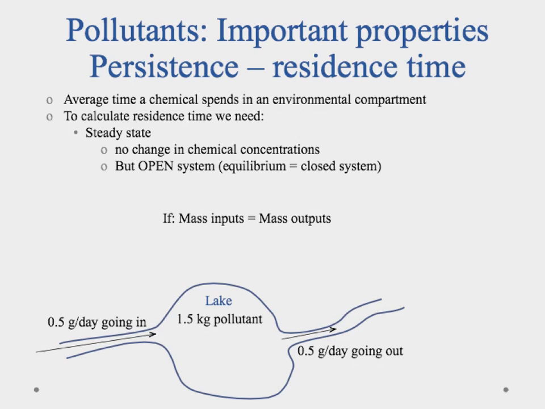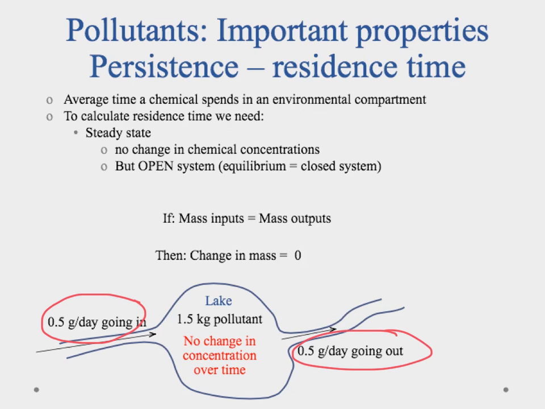So if the amount coming in, right here, is equal to the amount going out right here, then there's no change in mass of the pollutant within the environmental compartment, or in this case, the lake. So you can see that if the same amount is coming in as is going out, you're always going to have 1.5 kilograms of pollutant in that lake.